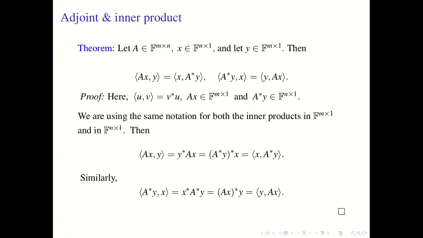Now using associativity, you can write y star A times x, and y star A I can write as A star times y whole star, and that is nothing but, by the definition, inner product x with A star y. In a similar manner you can get the next equality as well. We leave it to you to do it on your own.